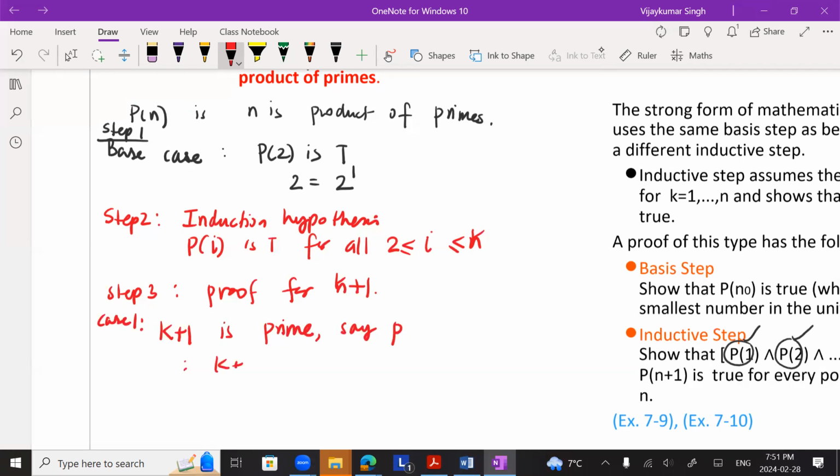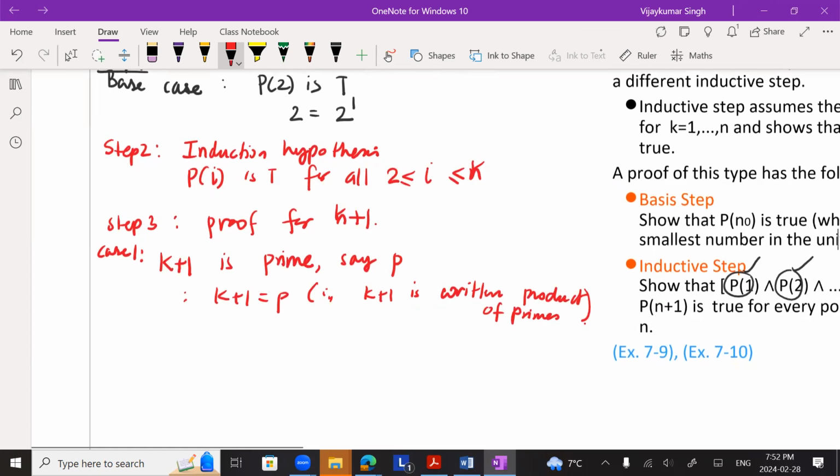Then k plus 1 equals p, so k plus 1 is written as a product of primes. In that case, if k plus 1 is already prime, then it's already written as a product of primes. We are done.